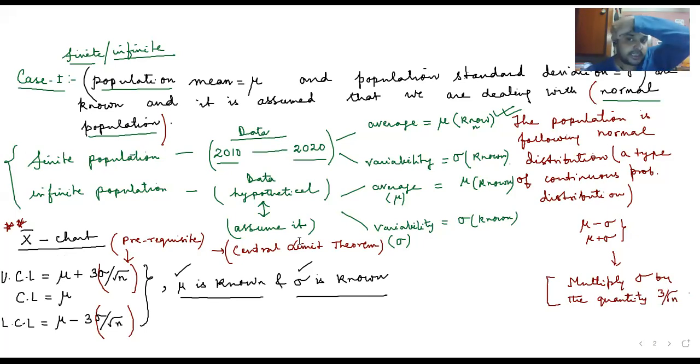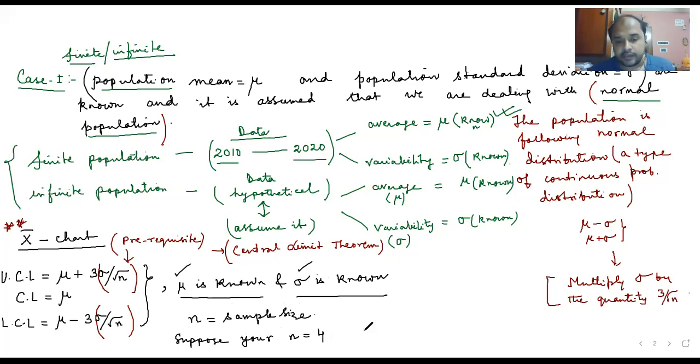Bonni Chatterjee has written, what is root n? Suppose n is the sample size. Suppose your sample size is 4, then your root n will be the positive square root of 4, that is 2.